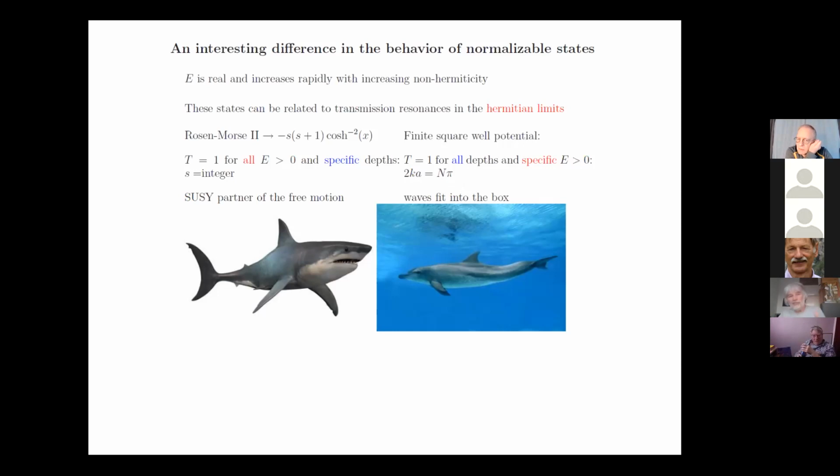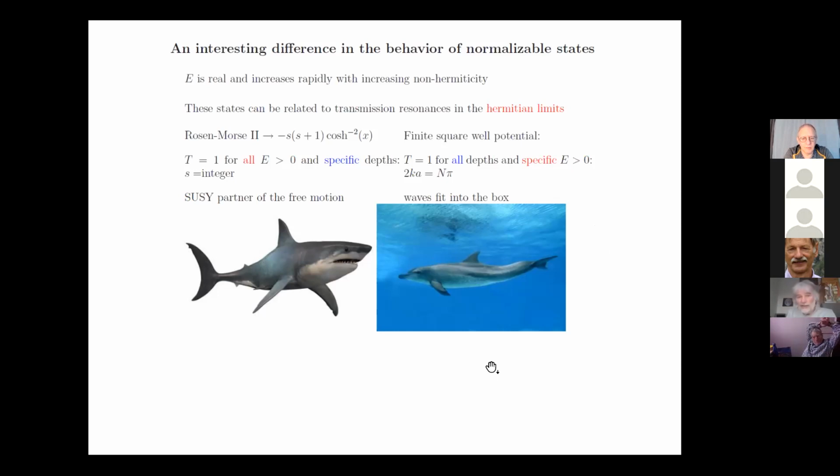The global shape is more or less the same, but the precise shape is not exactly the same. In the case of the finite square well potential, this special feature can be explained by the fact that the waves fit into the box at certain parameters. So the situation is again similar to the shark and the dolphin.